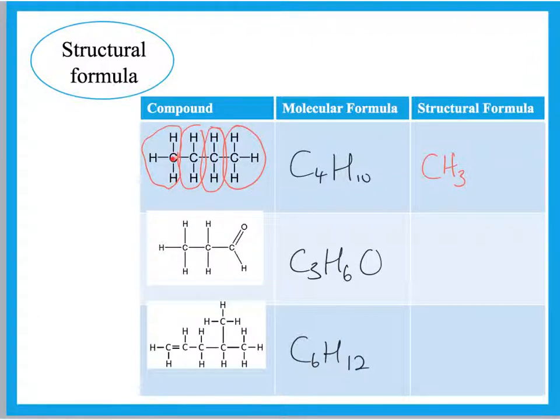So that's that carbon atom there, and then it goes on to the next carbon atom, so you're ready to write the next carbon in. So then we've got a CH2, so that's a carbon with 2 hydrogens attached. We've got another CH2, running out of space a little bit, and then we've got a CH3. So that is the structural formula for that compound. There you go, a little bit neater.